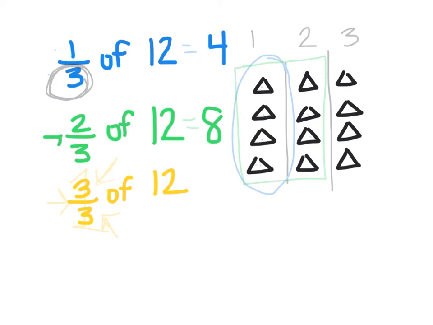The top number, or the numerator, means how many groups I am looking for. So if I'm looking for 3 groups out of 3, it's 1, 2, 3. So I now have 1, 2, 3, 4, 5, 6, 7, 8, 9, 10, 11, 12. So 3/3 of 12 equals 12.